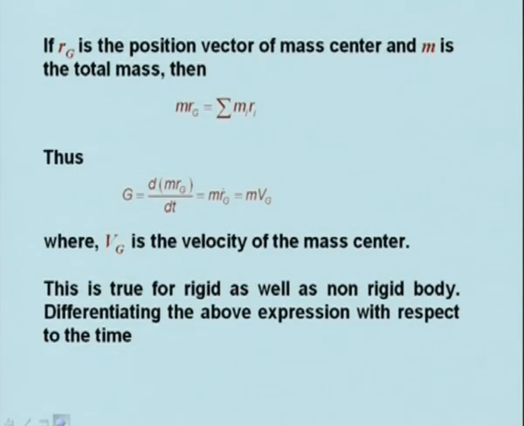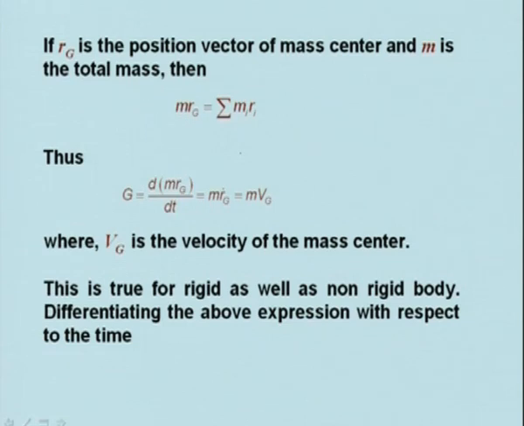Now if rg is the position vector of the mass center and m is the total mass, then m times rg is equal to sigma mi times ri. Thus we have d(m rg)/dt equal to m r dot g, or m vg, where vg is the velocity of the mass center of the particles.